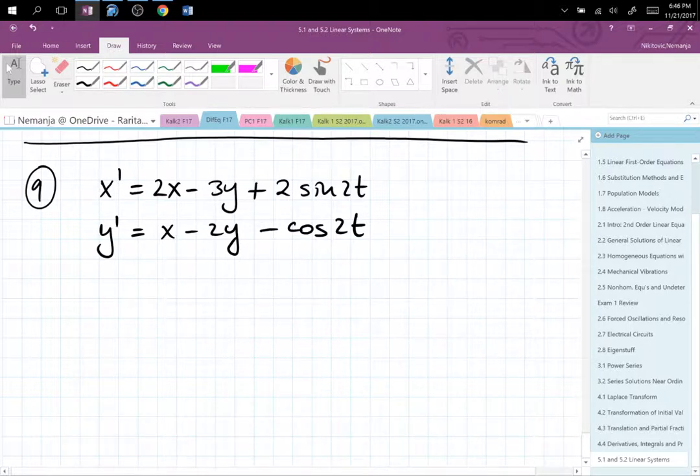So x equals y prime plus 2y minus cosine 2t. Yeah, plus y minus. Then you differentiate from there, right? Once you solve for x on the bottom here. Or it all depends on what term you use, right?